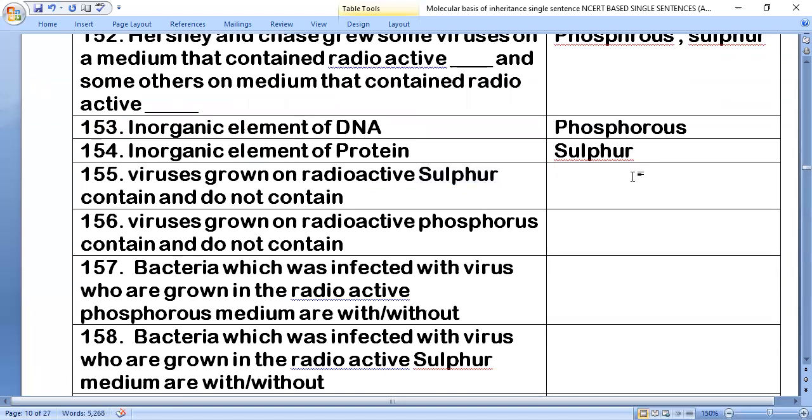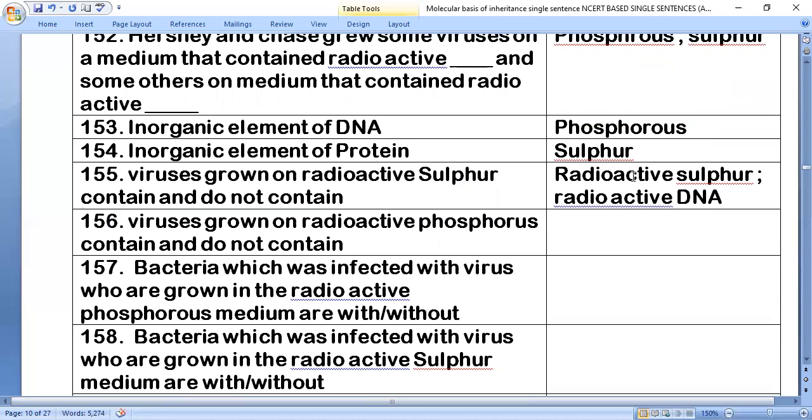Viruses grown on radioactive sulfur contain radioactive protein and do not contain radioactive DNA.